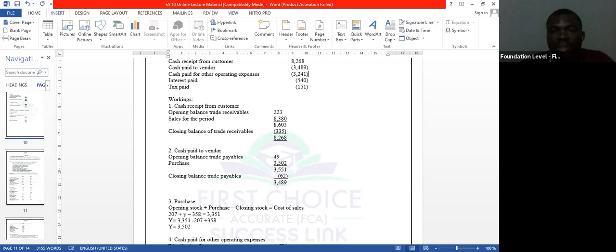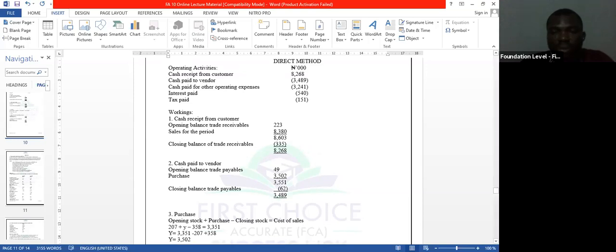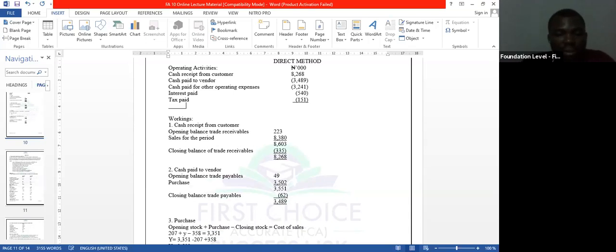So the next thing for us now is to compute everything, add everything together. So if we have 8,268 minus 3,489 minus 3,241 minus 540 minus 155.